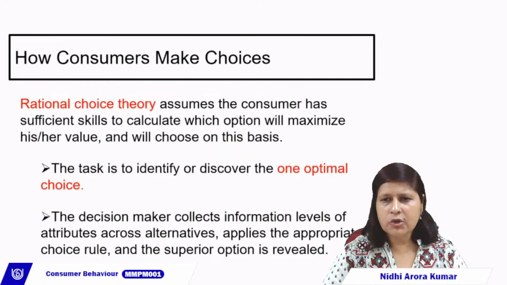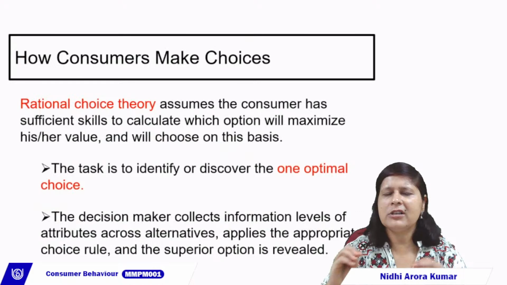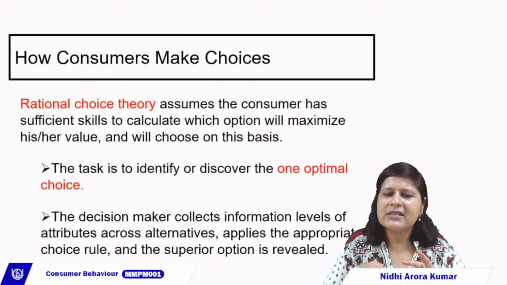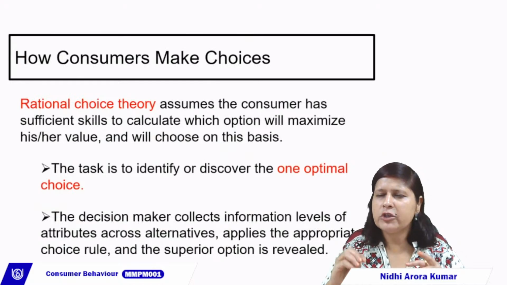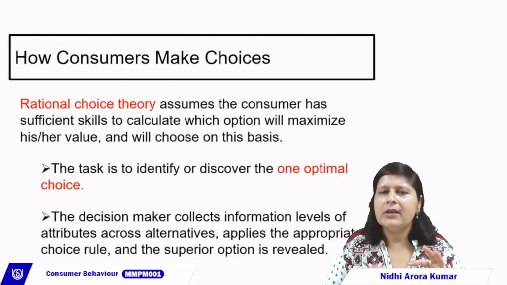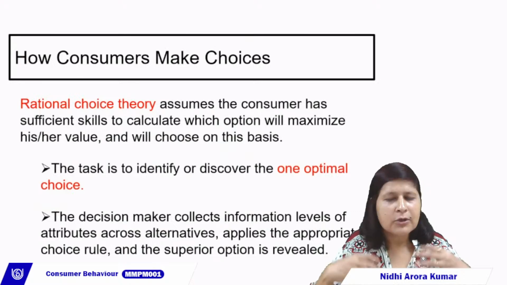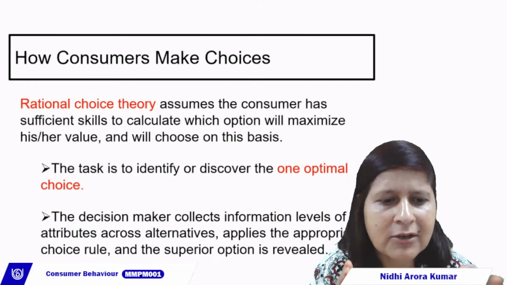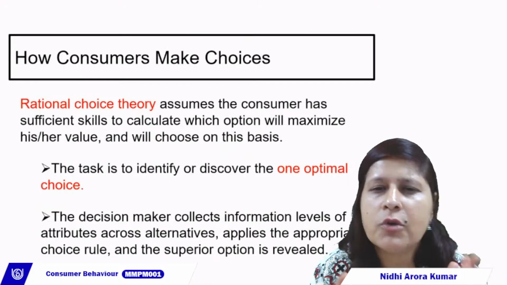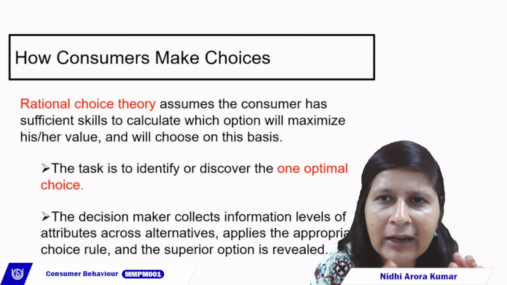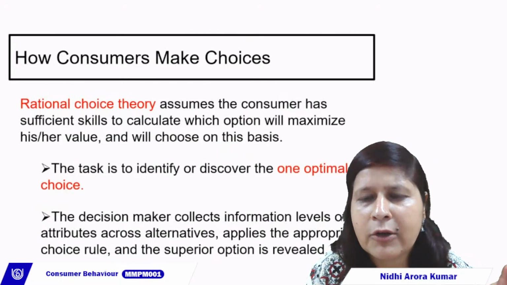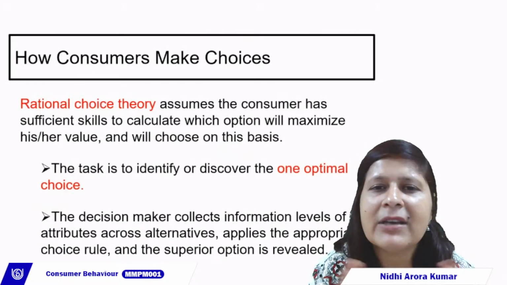How does a consumer make a choice? One way is through rational choice theory. The rational choice theory assumes that the consumer has sufficient skills to calculate which option will maximize his or her value and will choose on that basis, right? So according to the rational theory, the consumer is intelligent enough and has the skills to calculate the options that will maximize his or her value.